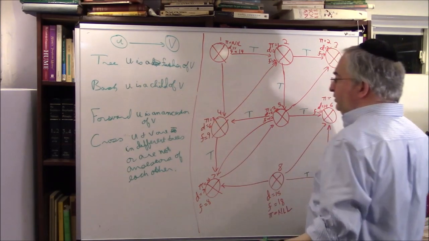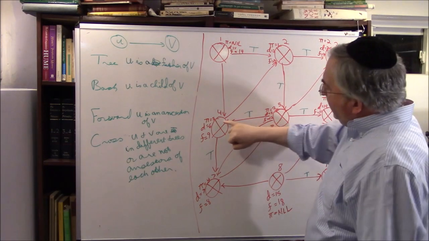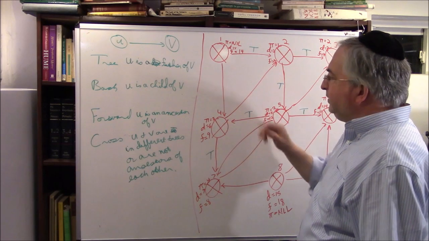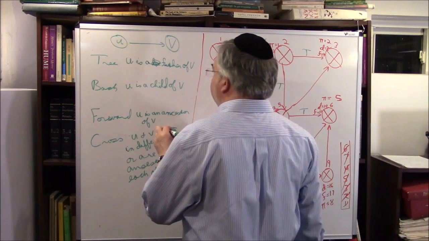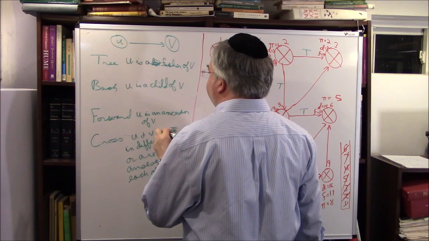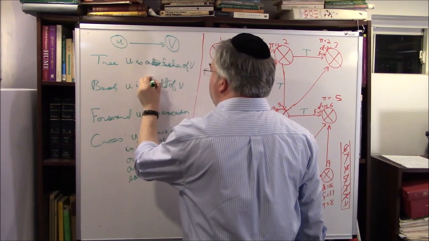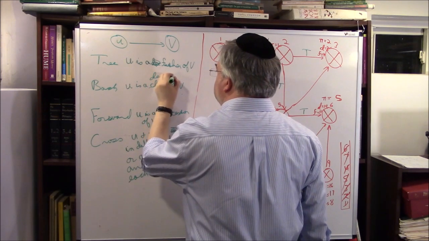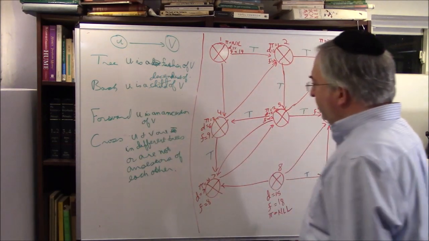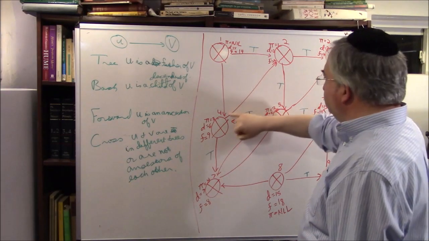Now, let's do back edges. Don't like to do back edges. I'm sorry, I should use a word: U is a descendant of V. Back edges.